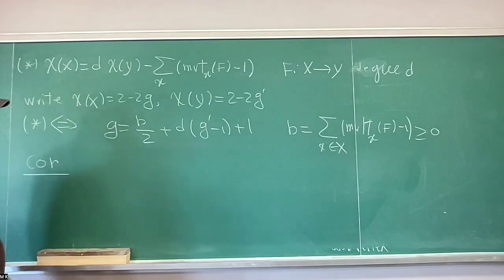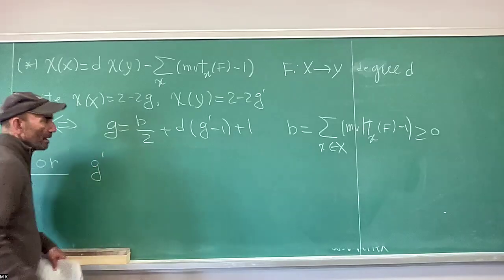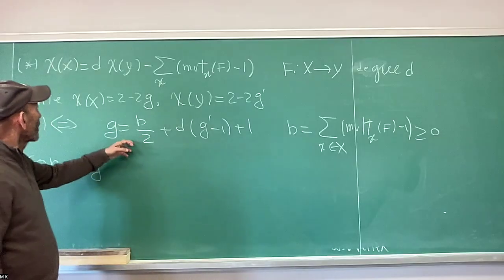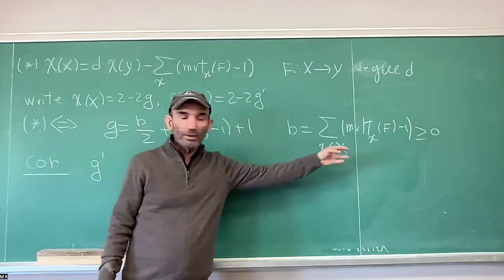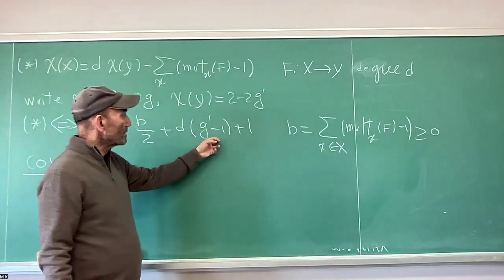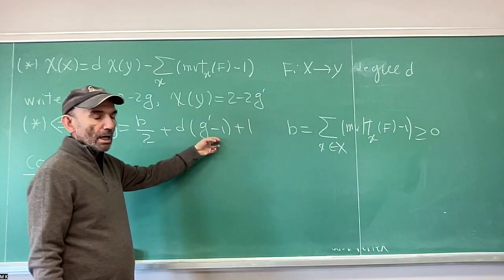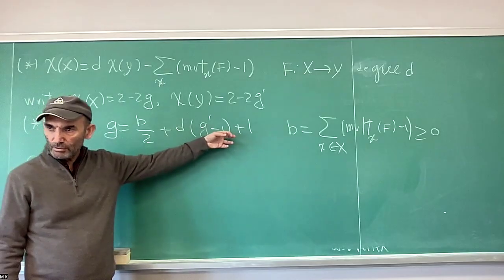Look, B is non-negative. This quantity is either -1 or 0 and positive, could be.